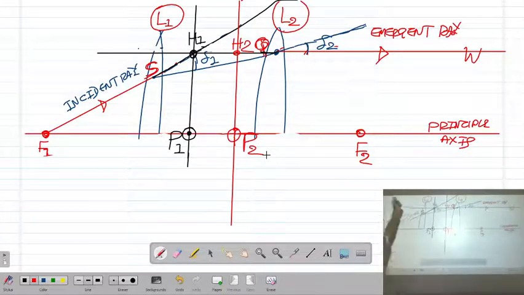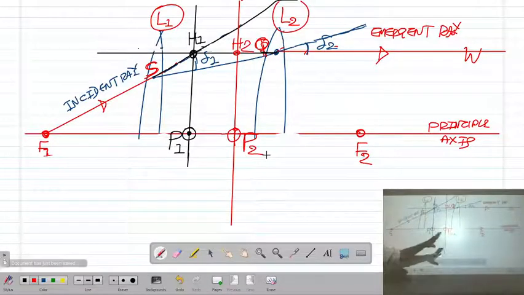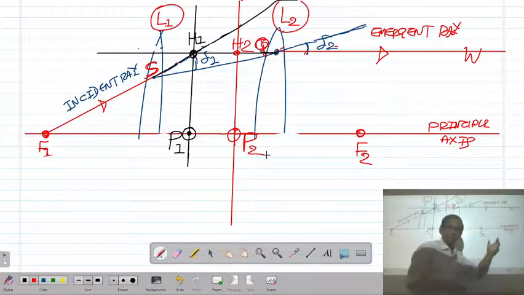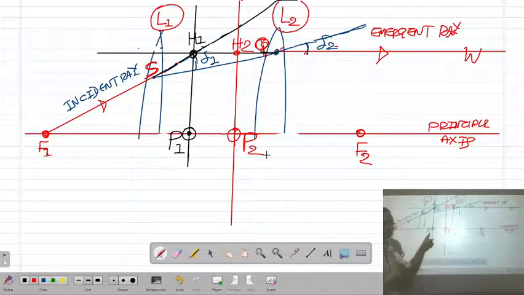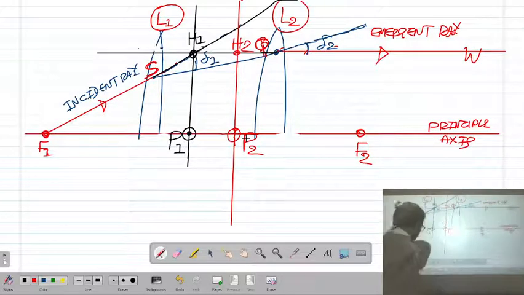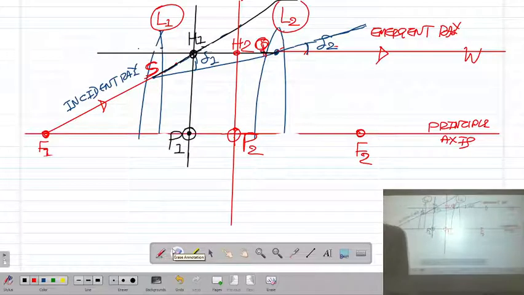For F2, any ray traveling parallel to the axis will pass through the second focal point after refraction. And I have just defined the principal points P1 and P2, that you know very well. Now the combination of H1 P1 and H2 P2. So I will show both the principal points P1 and P2 together.